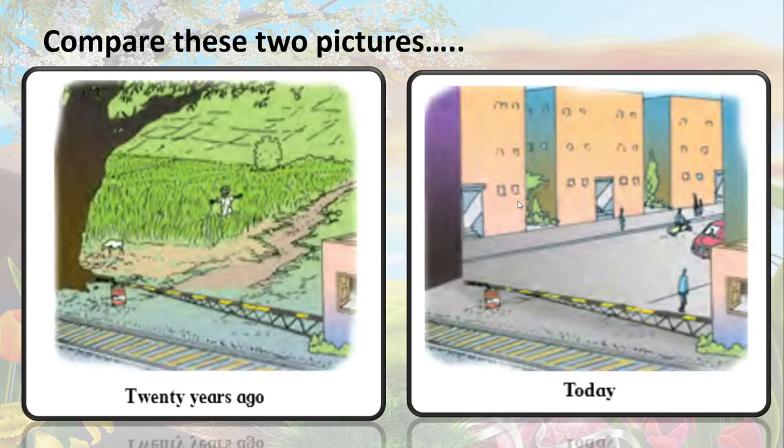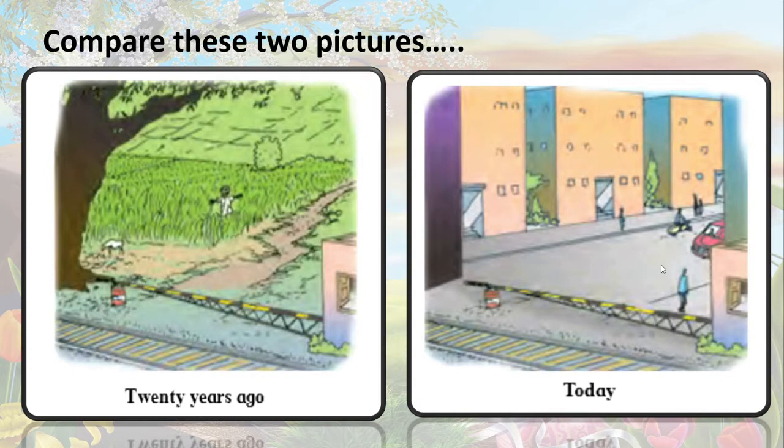Okay, we will move to this picture, that is today's picture. The place is same. Right? But there are no trees. There is no greenery. These farms we cannot see in this picture, but we can see so many tall buildings full of houses. We can see here the pakka road, isn't it?